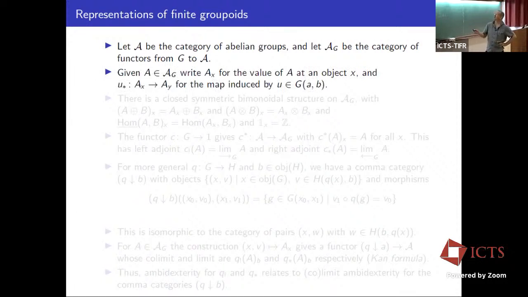So A is going to be an element of this category, so that's a functor from G to abelian groups, and the value at a particular object X is going to be called A subscript X. And if U is in GXY, a morphism from X to Y, then it will induce a map from AX to AY, which we're going to call U lower star.